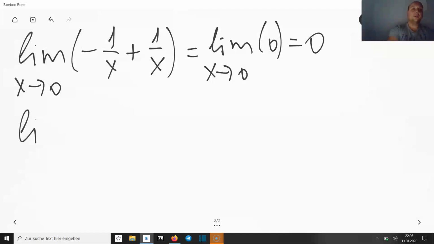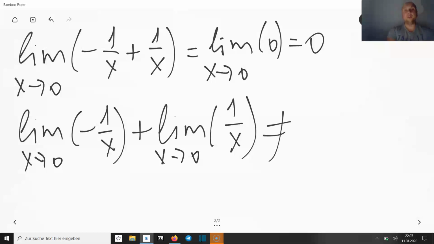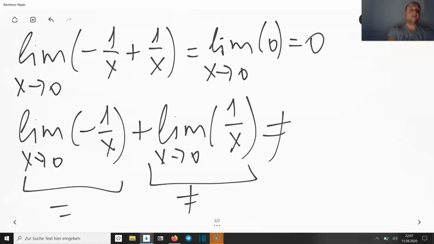But what will happen if we try to separate this and compute the limit of minus 1 divided by x and 1 divided by x separately? We wouldn't be able to compute it here because those two limits just do not exist.